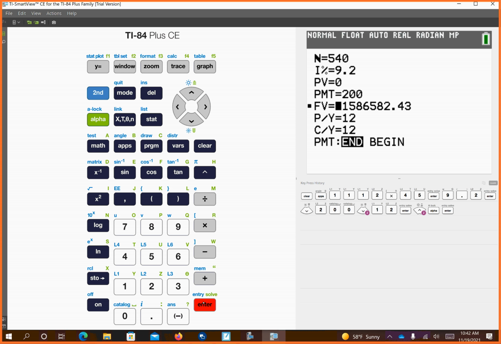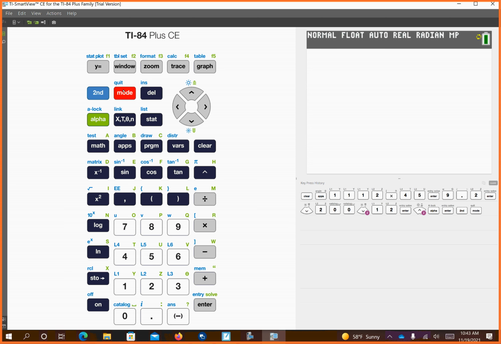Okay? Cut my pencil real quick. Thanks. $1,586,582.43. Okay? So now I'm going to quit out of this for a moment.